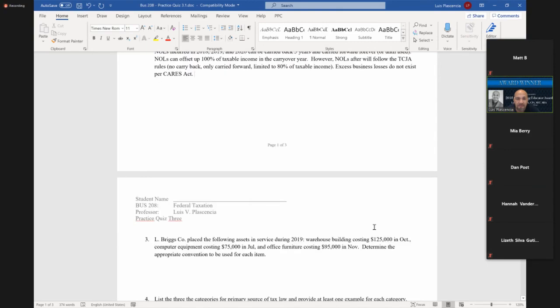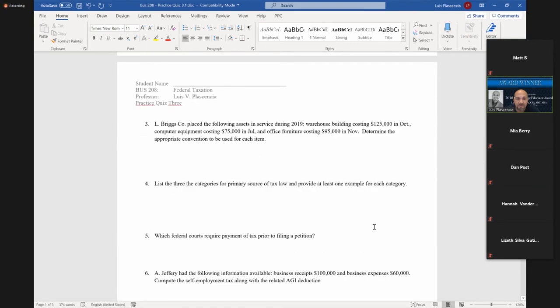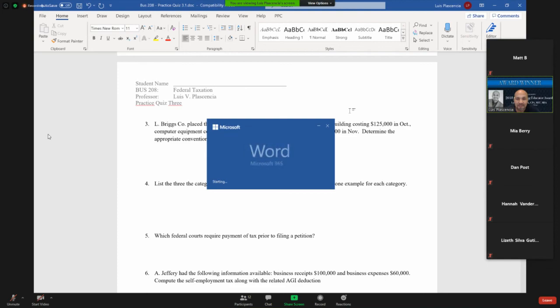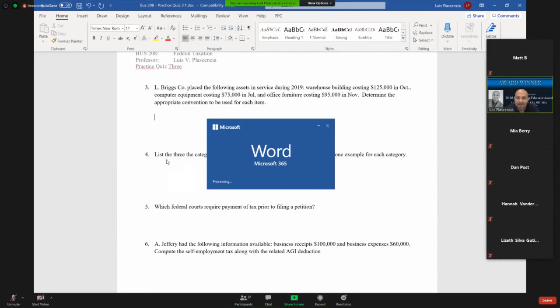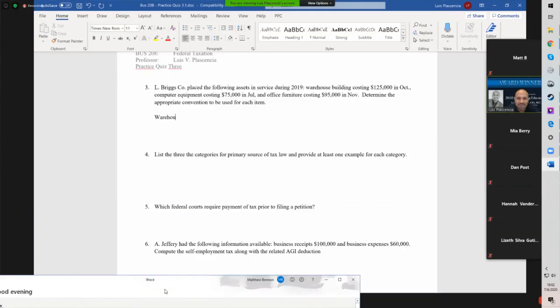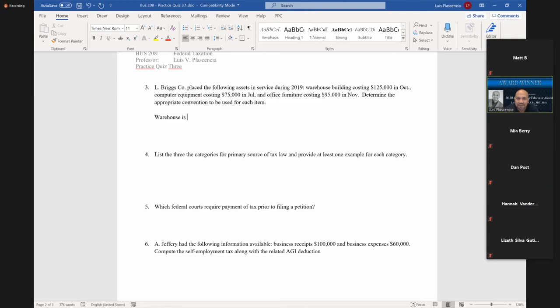Oh, this one's fun. Three. Of the following assets, let's have fun with this one. Warehouse. Warehouse is mid-month convention, right? With a useful life of how many years?